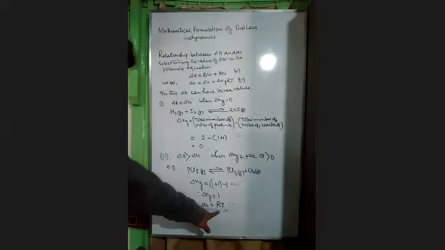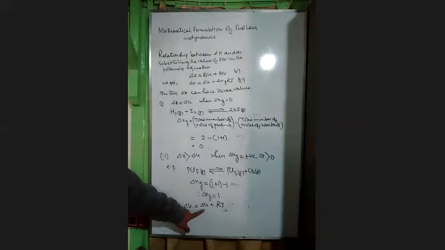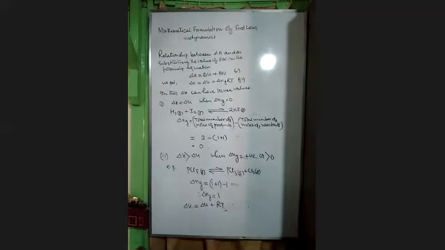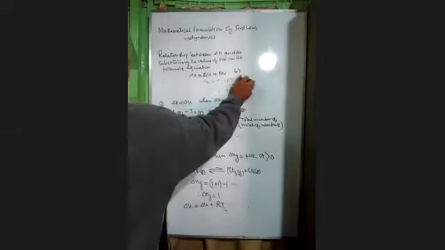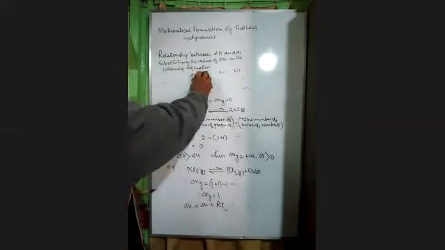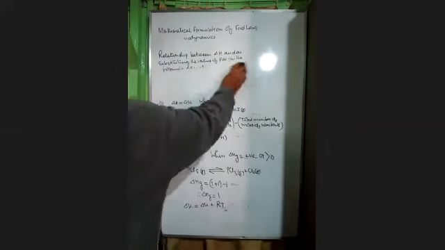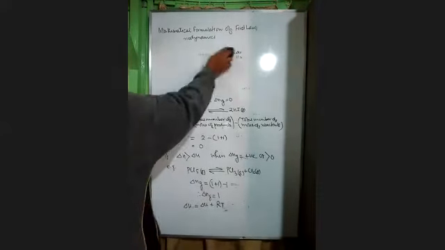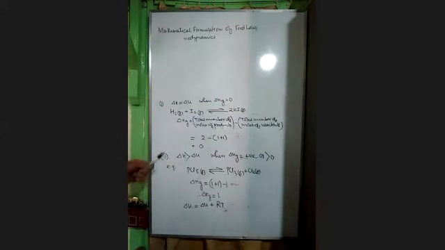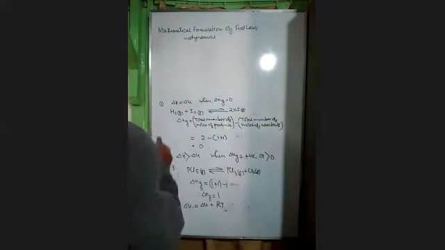If you add this much to internal energy, then only it is equal to delta H. So this delta H is bigger than delta U. These equations are important for your entrance as well as your board exam. They will give you numericals.